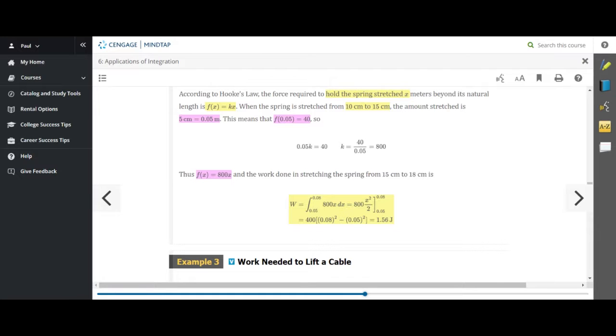Okay, are there any questions on that? Any questions on this second example, how they work it? Please let me know.